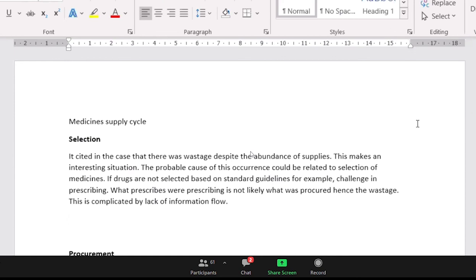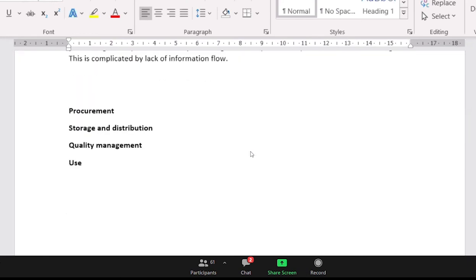Do you mean that on selection there, that is the main body on its own? The main body will have these concepts: selection, procurement, under headings, right? If you're not going to give me these headings, I'll just refer the assignment back to you. Is it clear?